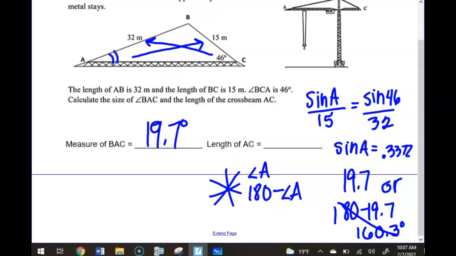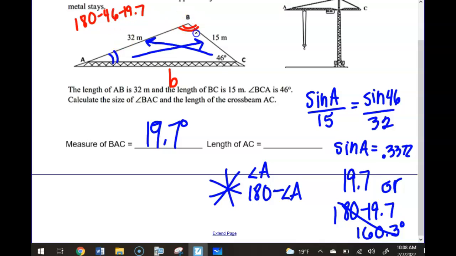Now, how would you find side AC right here, which I'll call side B? How would you find that side yet? Do we need to use law of cosines? Can't we just find this missing angle up here? 180 minus 46 and 19.7.